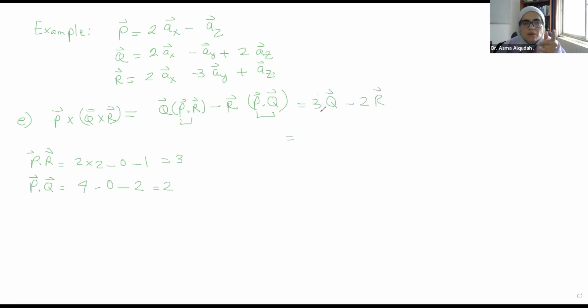Okay, so 3 times vector Q is 3 times 2a sub x minus a sub y plus 2a sub z, minus 2 times vector R, which is 2a sub x minus 3a sub y plus a sub z.